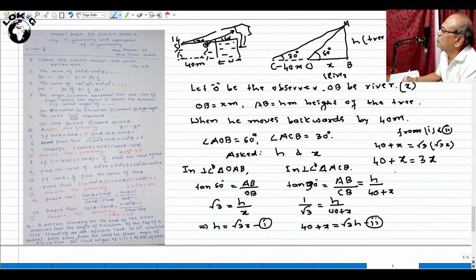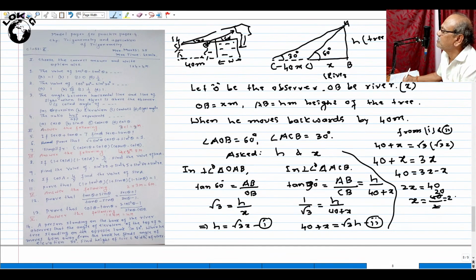You can take X to the right, you get 40 is equal to 3X minus X. There you get 2X is equal to 40. Therefore, X is equal to 40 upon 2.